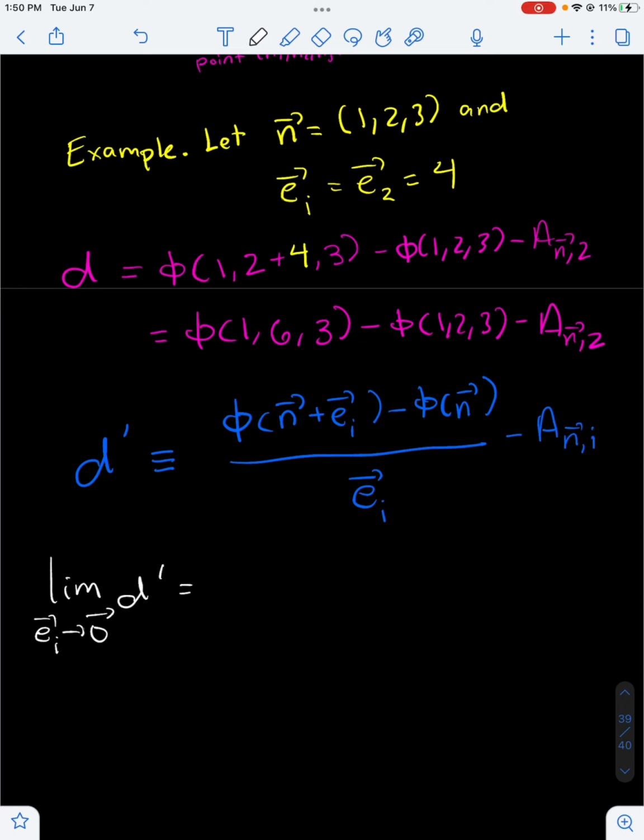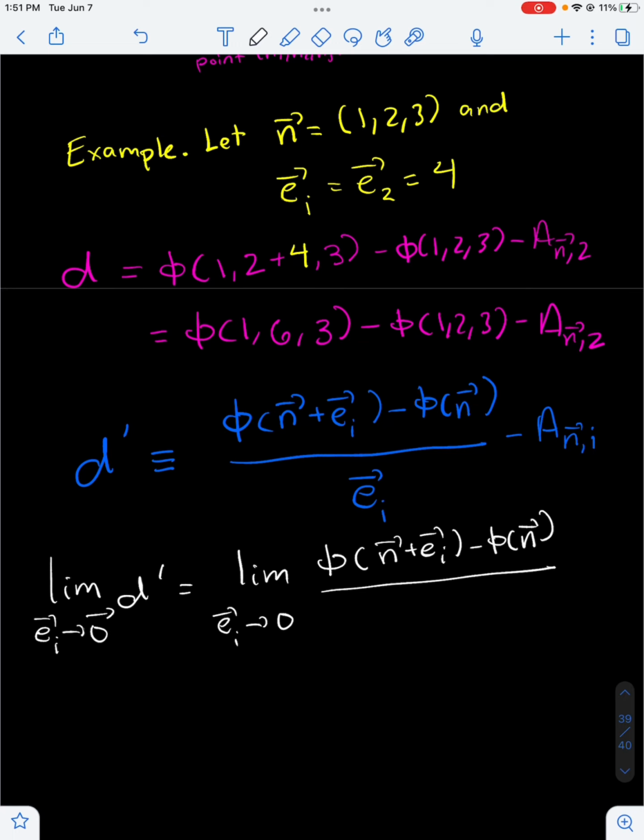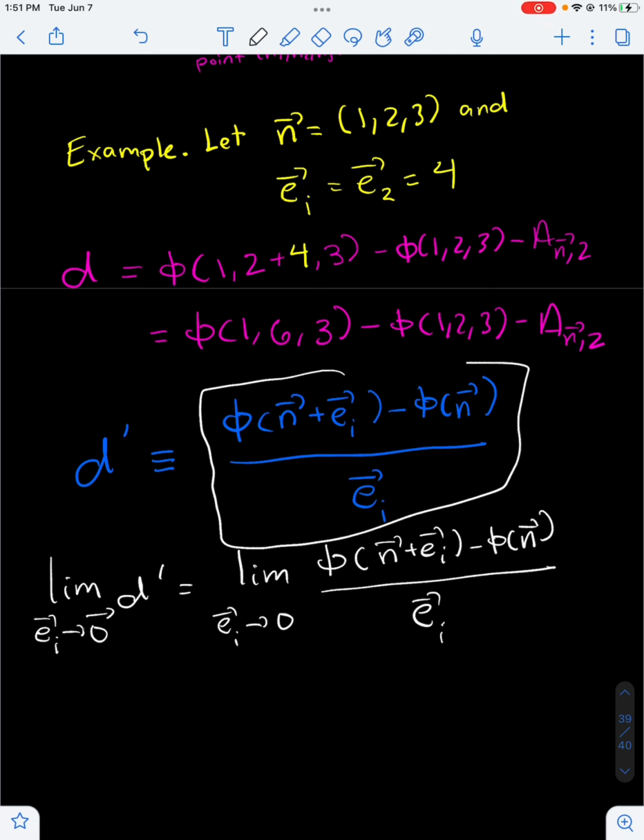And that's going to be equal to the limit as ei approaches 0 of phi of n plus ei minus phi of n over ei. Let's just consider just this part for now. So we're not going to consider the gauge for now.